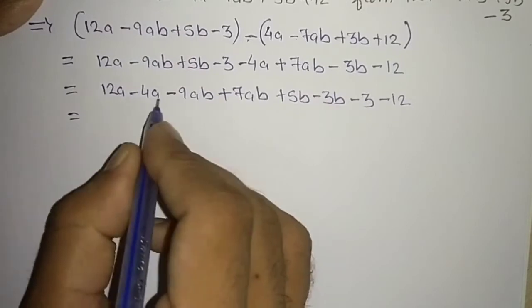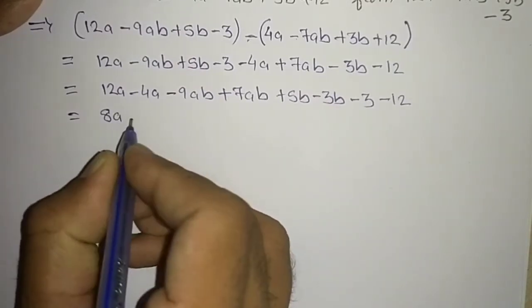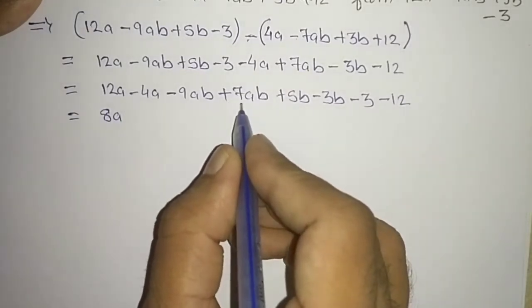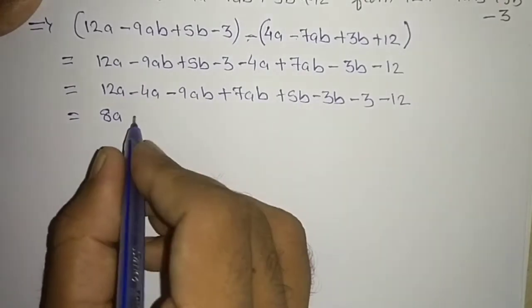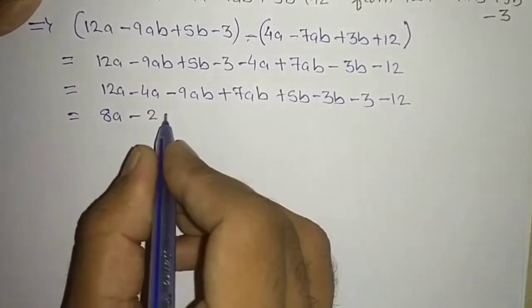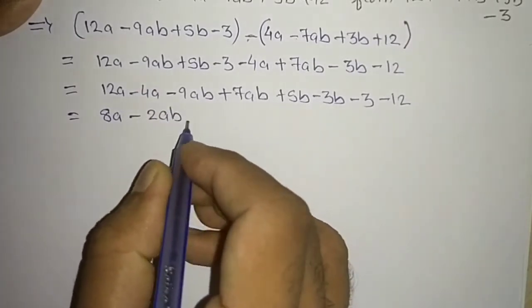12a minus 4a. 12 minus 4 will give me 8a. Minus 9 and plus 7. Here negative sign is greater, so we will subtract and keep the bigger sign, that is minus. 9 minus 7 is 2ab.